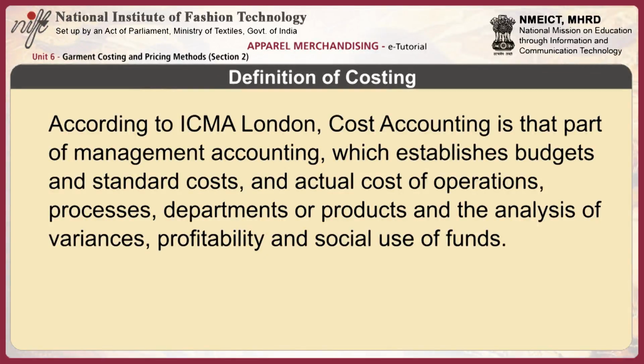According to a definition, cost accounting is that part of management accounting which establishes budgets and standard costs and actual cost of operations and processes, departments and products, and analysis of variances, profitability and social use of funds.